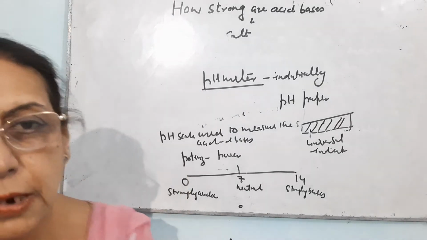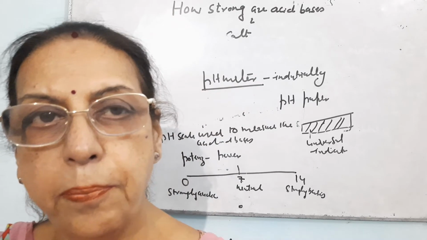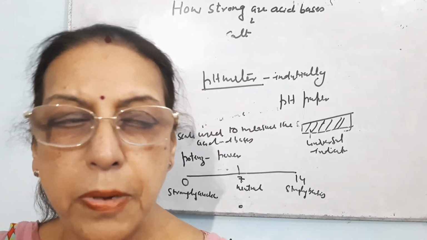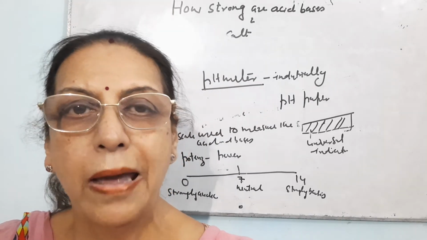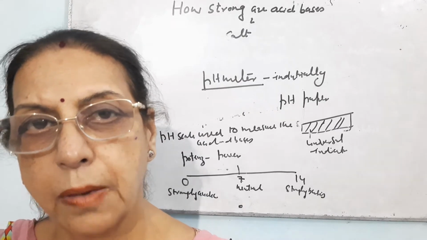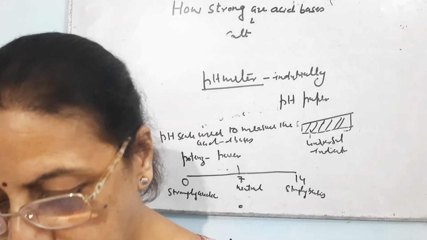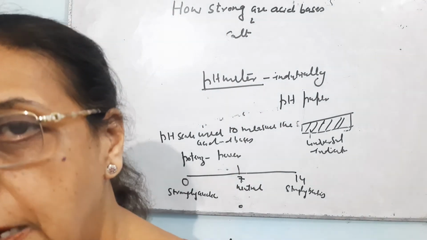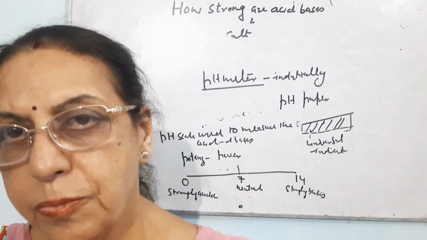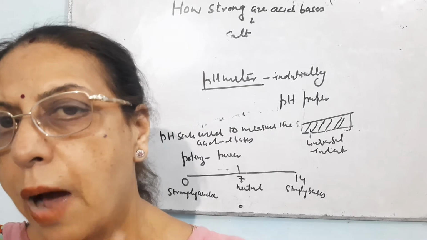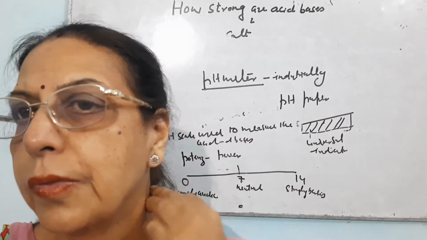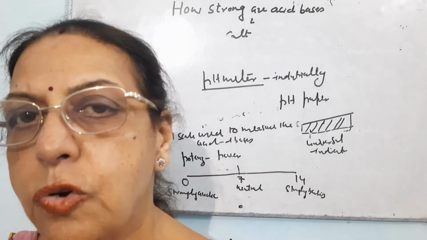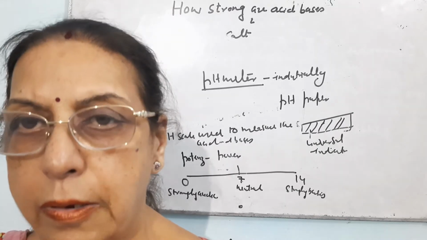So there are three methods to measure pH: by using pH paper, by using a pH meter, and by using universal indicator solution.